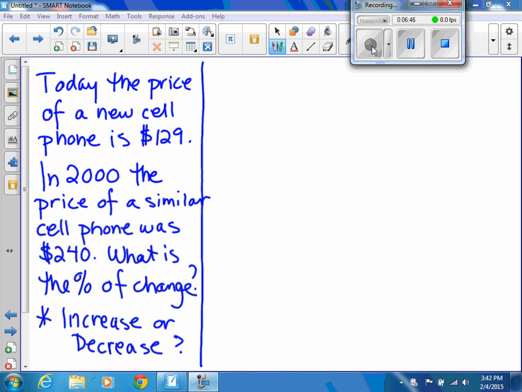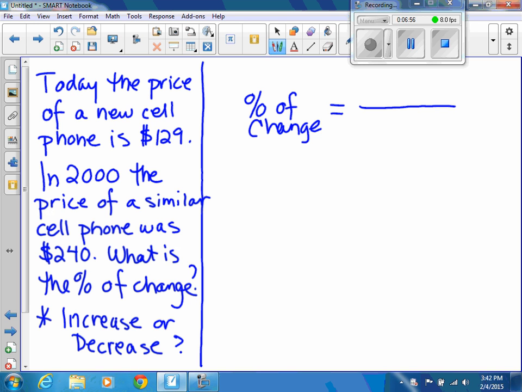Again, we need to start with a formula. So we're going to have percent of change. The percent of change is equal, again, to big minus little over original. And again, we're going to times all this by 100.